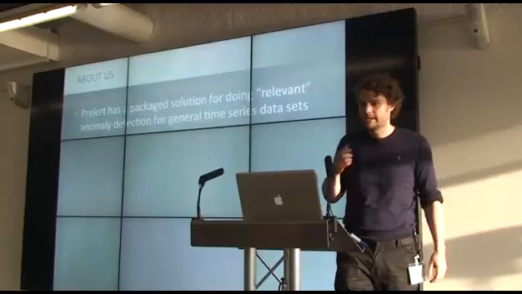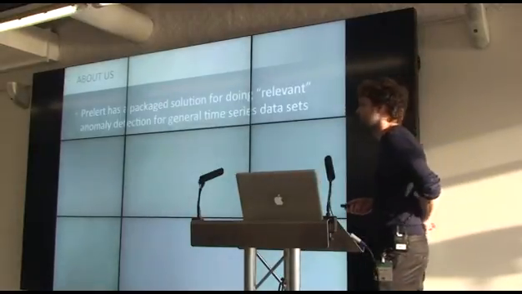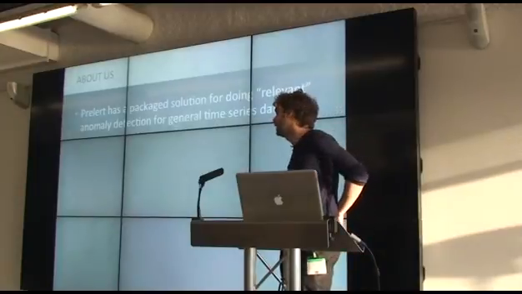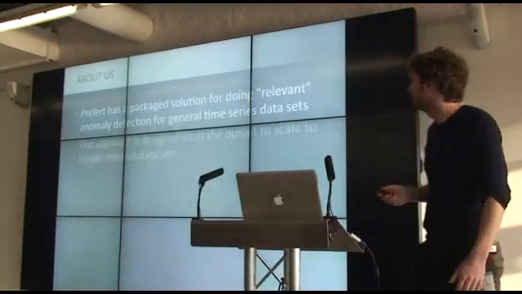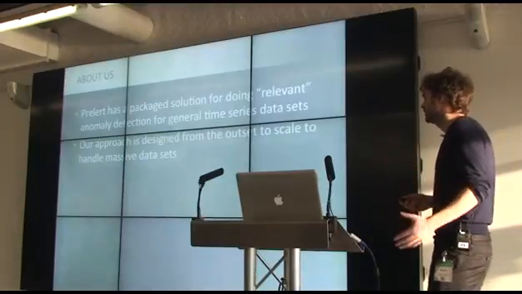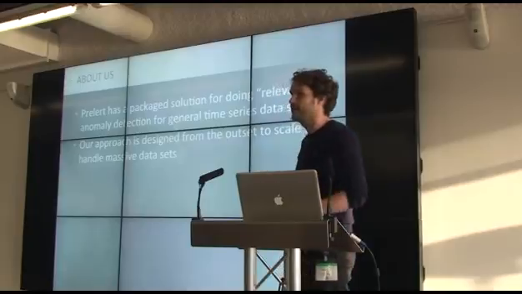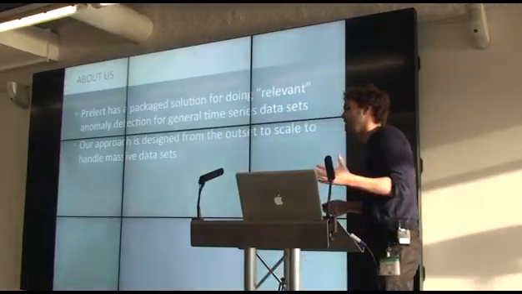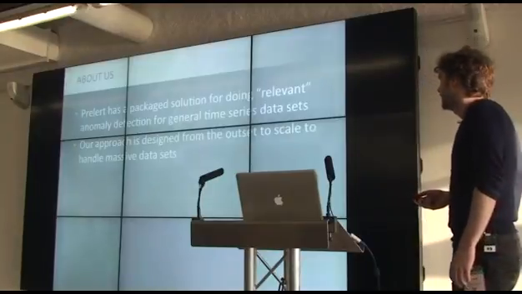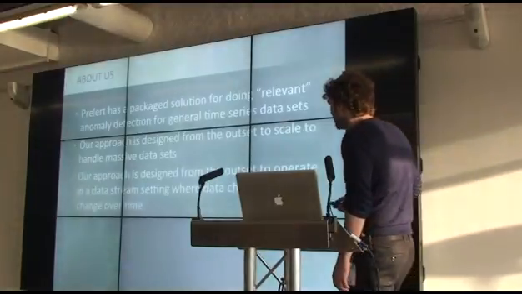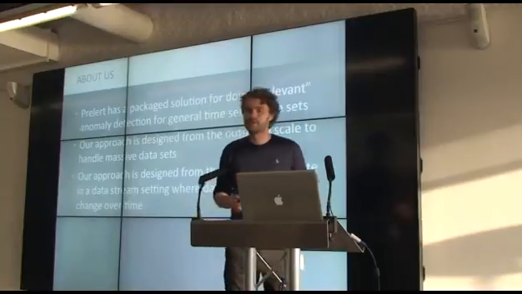So, just quickly about us, we're trying to build a packaged solution to do anomaly detection in time series data. We built our product on top of a database called Splunk. Initially, we have an open API now that takes stream data. We designed our approach from the outset to scale to very large data sets, and we also designed it to operate in a data stream setting.